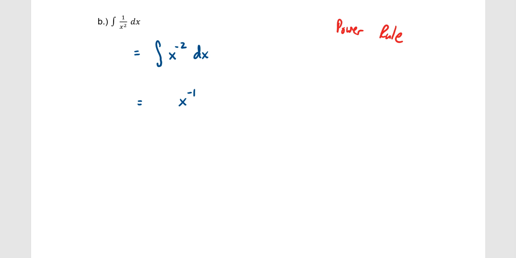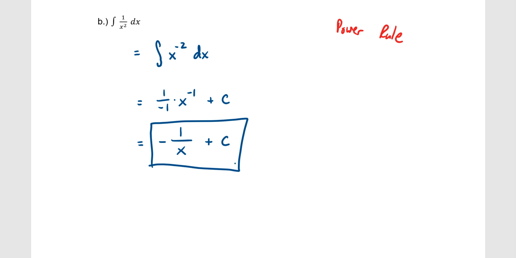Divide by -1. We could write that as 1 over -1 if you want, plus c. And then we simplify this. That gives us -1 over x to the +1. So -1 over x plus c. I'll leave it to you guys to check that: take the derivative of that and make sure you get 1 over x squared.